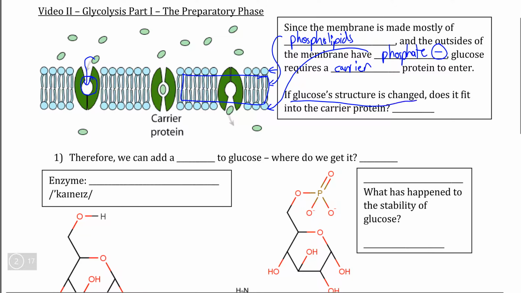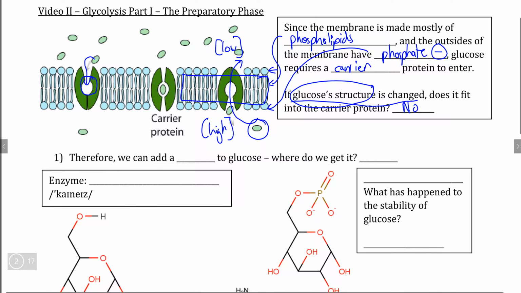Therefore, if glucose's structure was altered in some way, we would expect that it would not be able to fit inside of the carrier protein anymore, which means once glucose enters the cell, if its structure is altered in some way, it would not be able to get out using the same carrier protein, even if the concentration gradient made a higher concentration of glucose inside the cell than outside the cell, supporting glucose diffusing out.